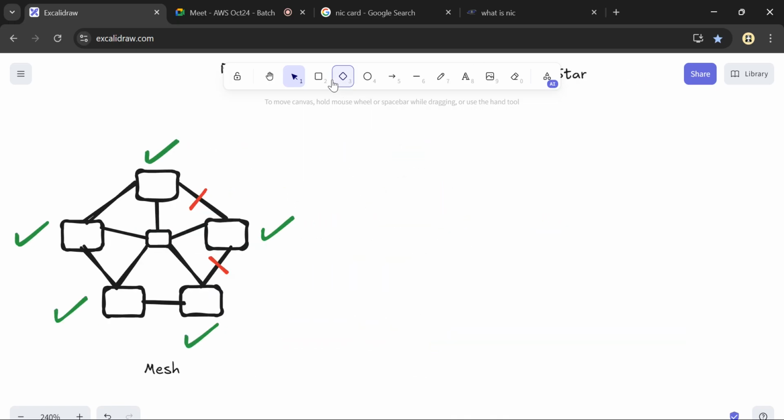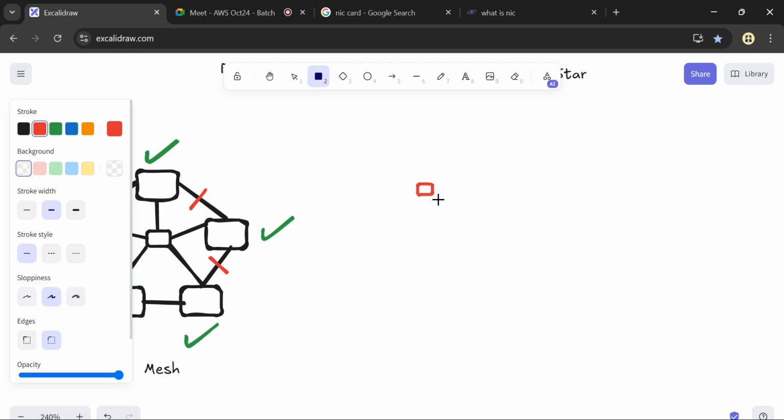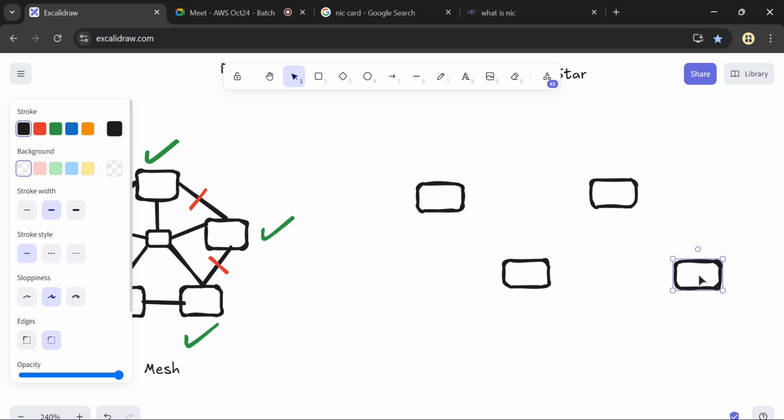And another type of connection is called a bus connection. And this is how the devices are arranged in this format, and they're just connected like this.